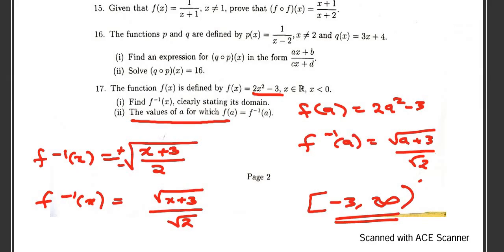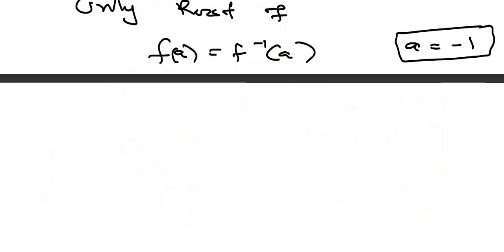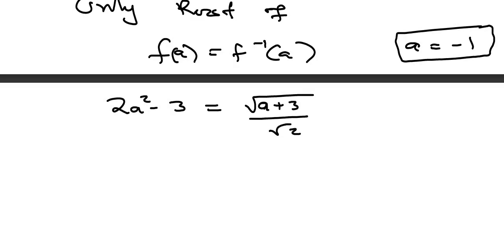So we can always try to check if our answer is close to the truth in terms of the relation between f of a and f inverse of a. So f of a was 2a squared minus 3. This is equal to root of a plus 3, over root of 2. So for the left hand side, we can try to replace.